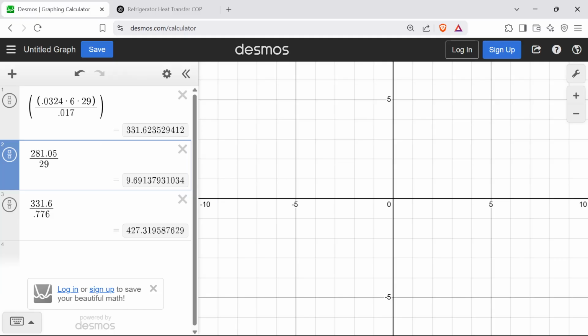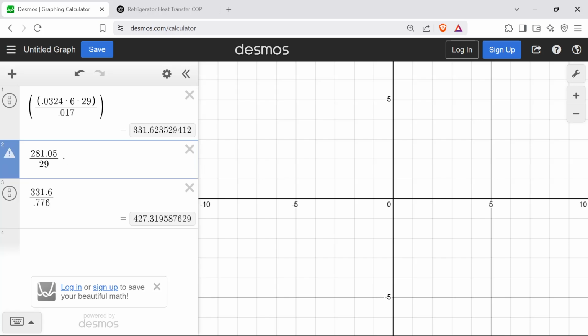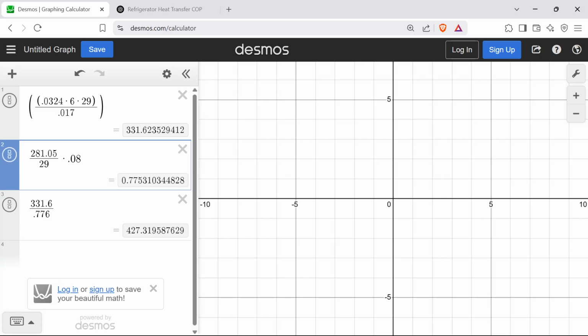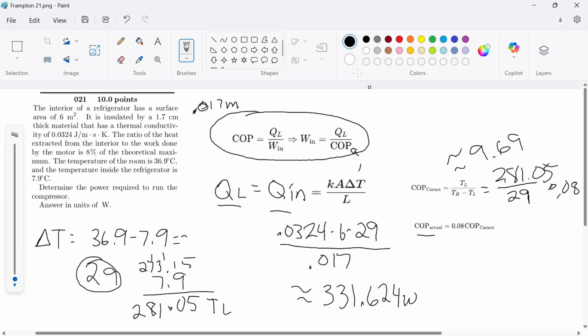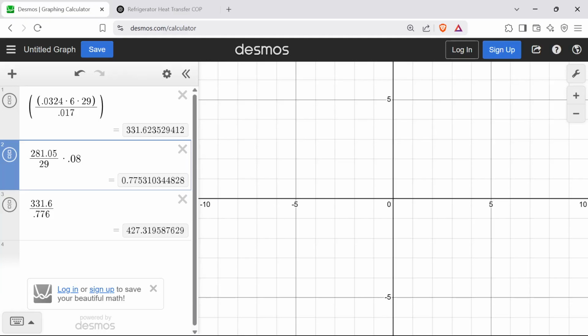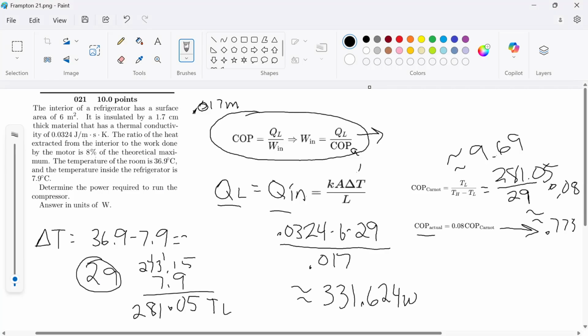I'm just going to throw that right here into Desmos, times 0.08. I get approximately 0.775. All right, so now I have to do my final calculation. The work in is that energy, 331.624, or that top calculation in Desmos, divided by approximately 0.775.